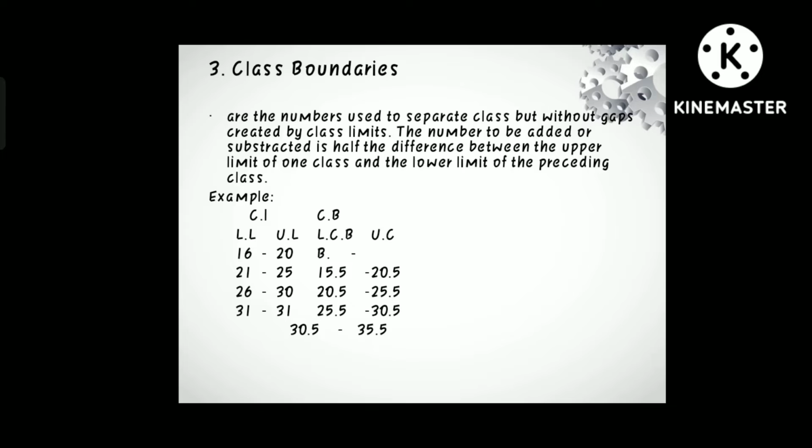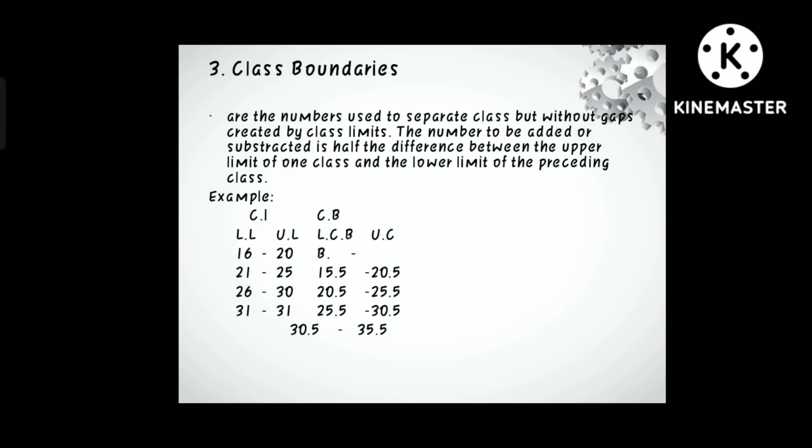We subtract those and get 1, and half of it is 0.50. You subtract that 0.50 from the lower limits, which are 16, 21, 26, and 31. When you subtract it, you get 15.5, 20.5, 25.5, 30.5, and so on.